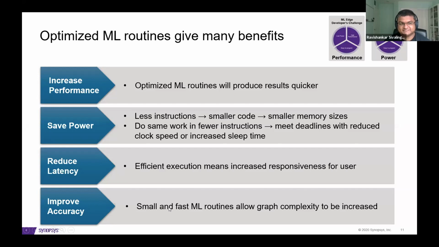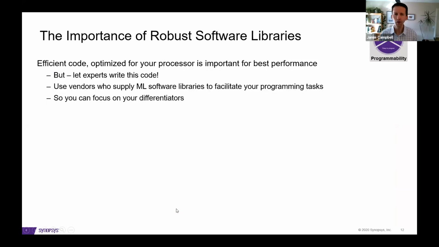Please. Okay, great. So let's continue on then. We're looking at our Edge Developers Challenge, and we have this third pillar about programmability. So again, your time to market constraints, you want to get your product out the door quickly, and how can we facilitate that?